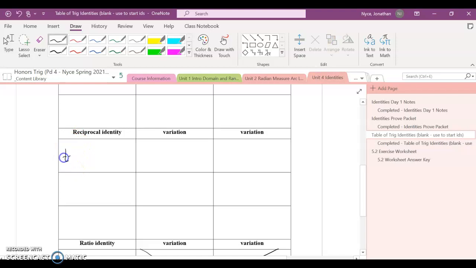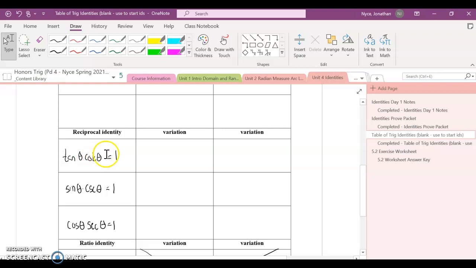So we're going to have tangent times cotangent is equal to 1. We'll have sine times cosecant is equal to 1. And we'll have cosine times secant is equal to 1.